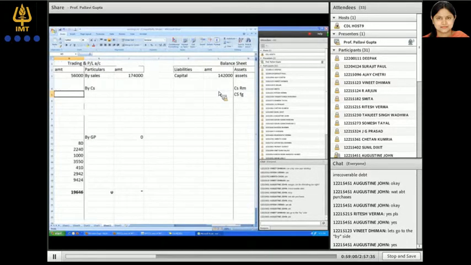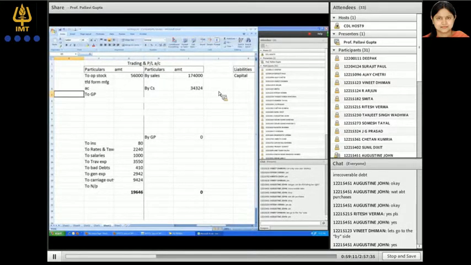Closing stock debit to trading account was the general entry and the next would be by closing stock in the trading account, 34324. Clear? Is it clear with everyone?